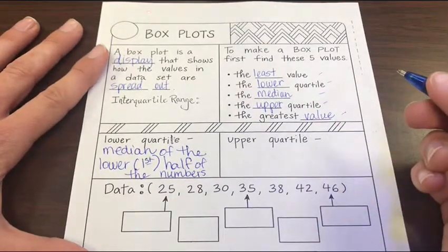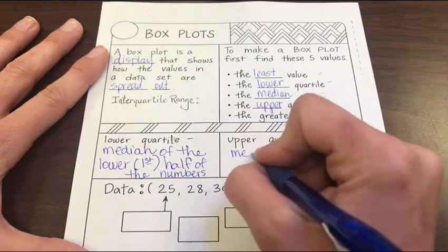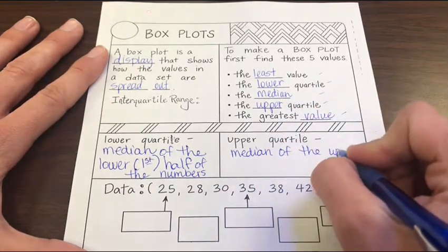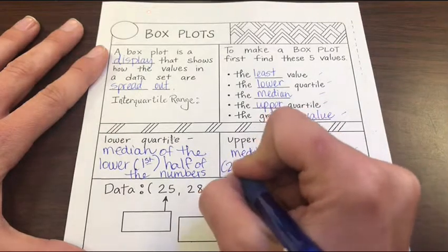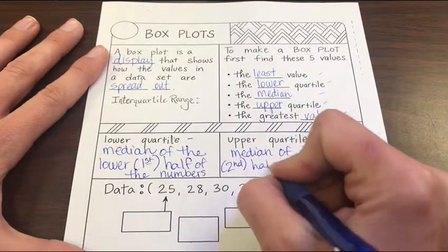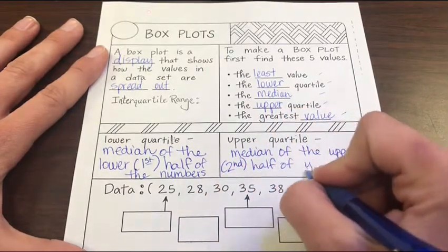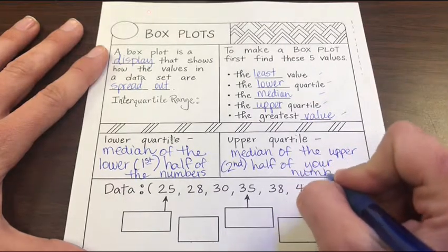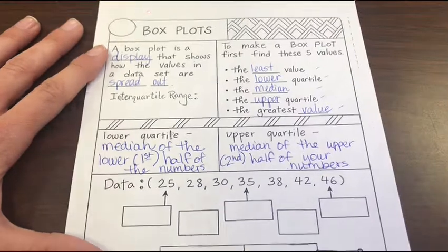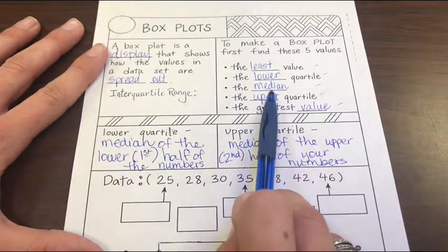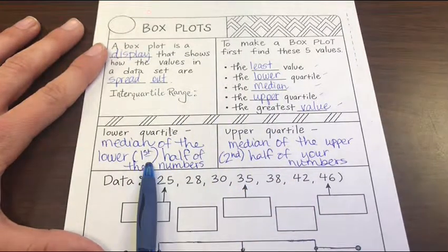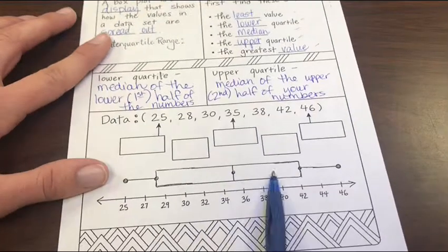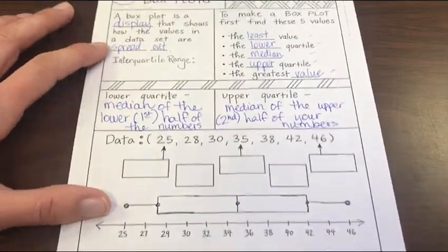Your upper quartile is the median of the upper, or second, half of your numbers. So basically you're finding the median 3 times: the median, the middle, then the median of the first half and the median of the second half. That's what's going to make your box, and we'll go over that more in a minute.